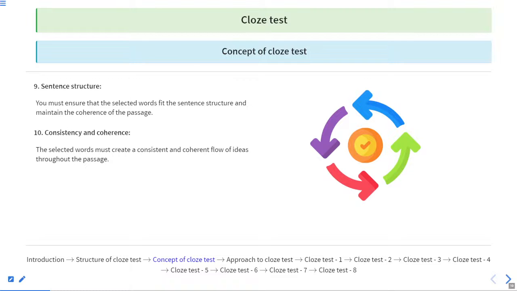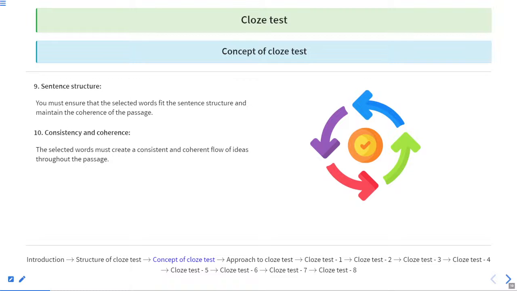Tenth is consistency and coherence. Whenever you are choosing the missing words to fit into the paragraph, you have to select the words which create a consistent and coherent flow of ideas. Ideas are linked to each other. So if the words in a paragraph may be something like "Rama dash Ravana, it led to his victory", it is clear that Rama did something to Ravana which led to his victory.